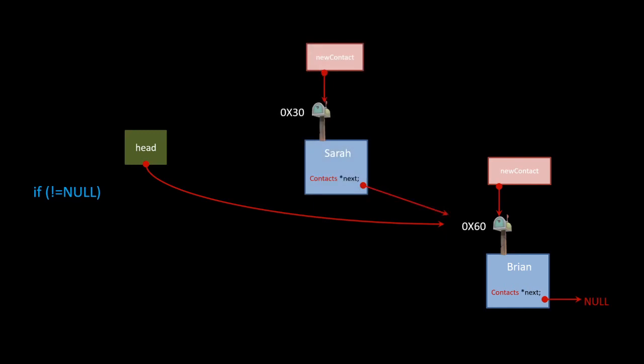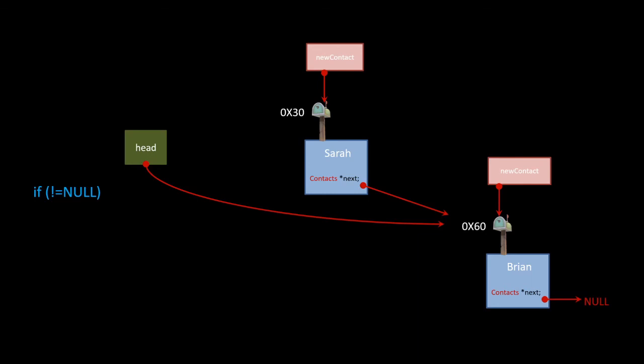Now we want to add Sarah into our linked list, and notice 0x30 and 0x60 are not contiguous space, they're totally separate memory addresses. So Sarah wants to get into the list. We've got the new node for Sarah, and it's also going to point to the next node in the list.